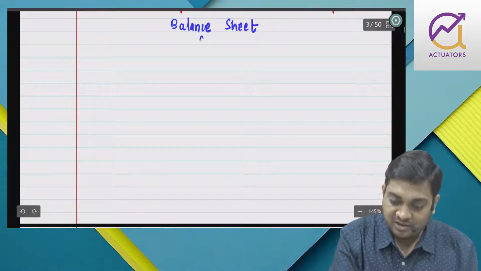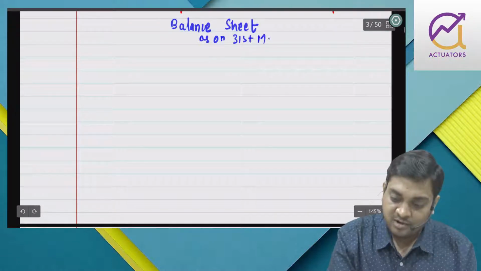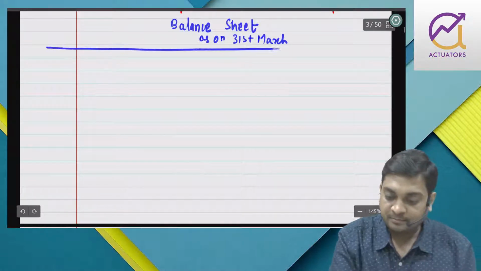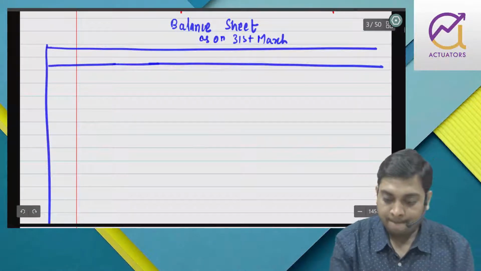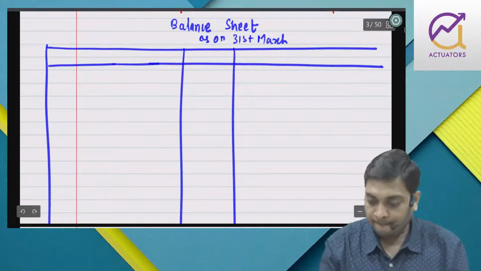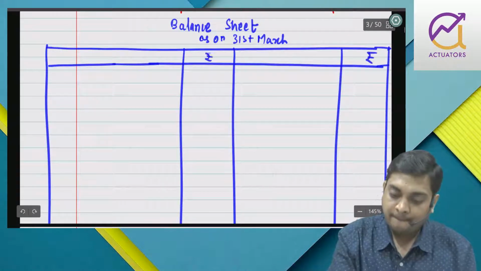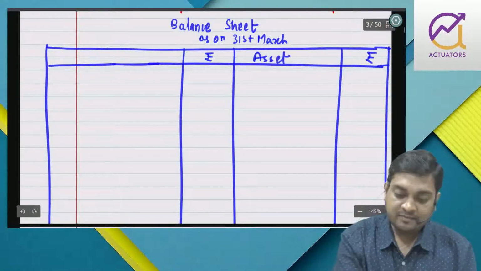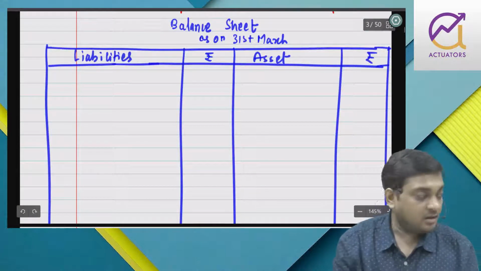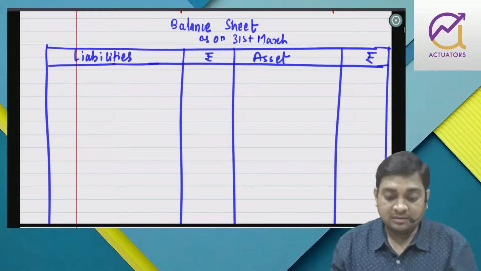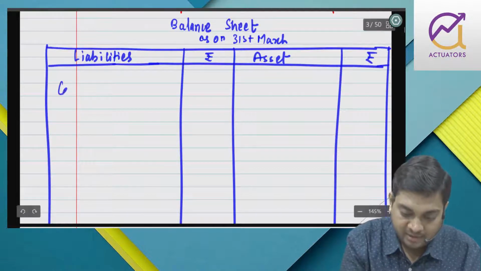So I have balance sheet as on 31st March. I have the opening capital, right?